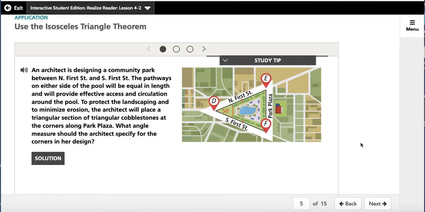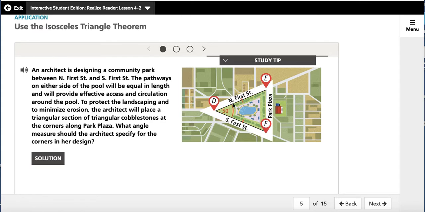All right, here's a map. Let's have somebody read it for me. An architect is designing a community park between North 1st Street and South 1st Street. The pathways on either side of the pool will be equal in length and will provide effective access and circulation around the pool.